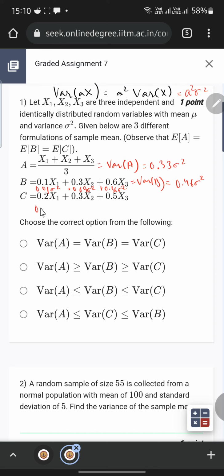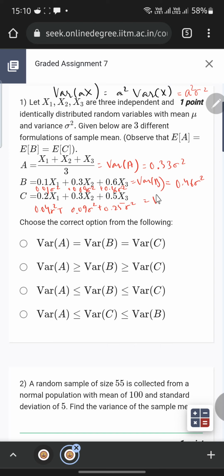And similarly for C, 0.04 sigma square plus 0.09 plus 0.25. This would be equal to 0.13 plus 0.25, which is 0.38.